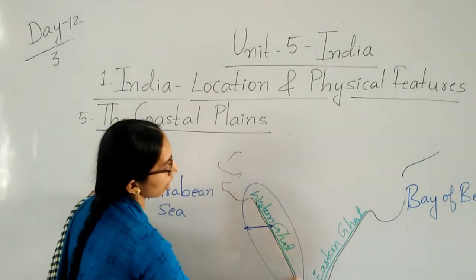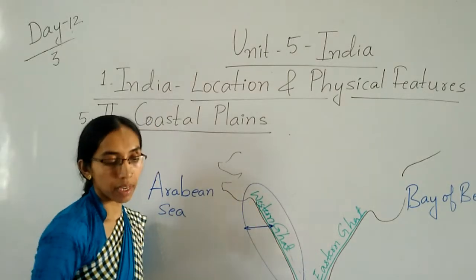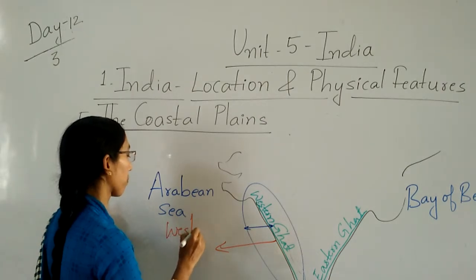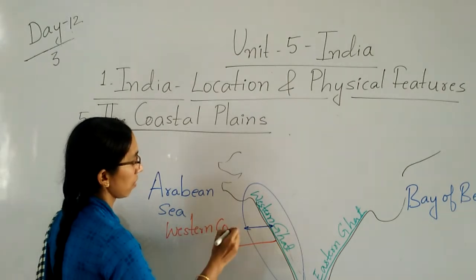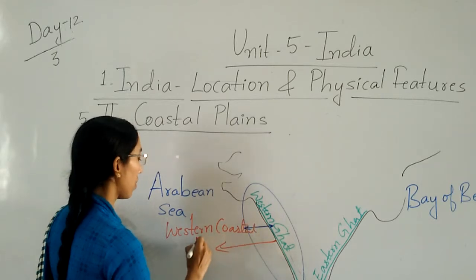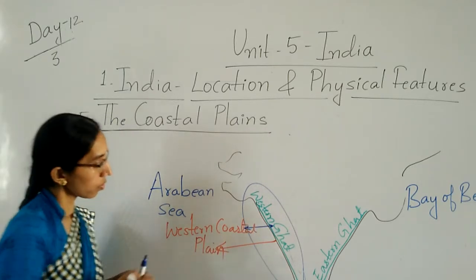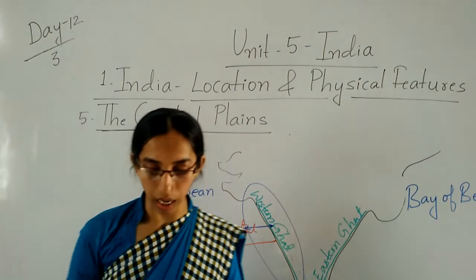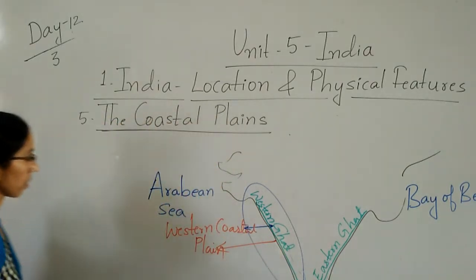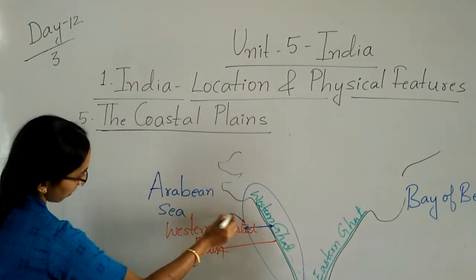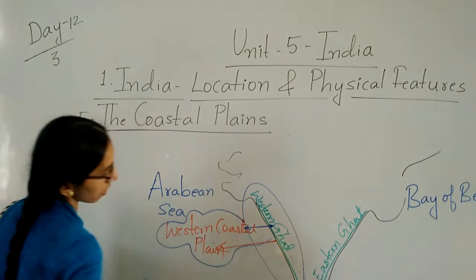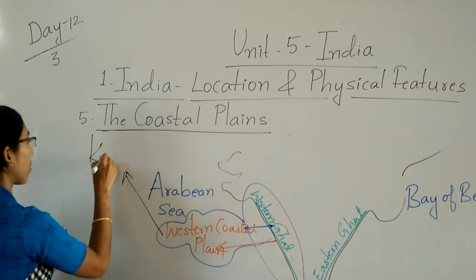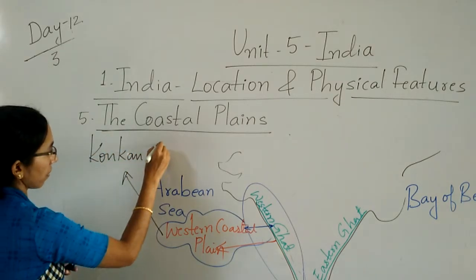So this part is called the what? Western Coastal Plain. This western coastal plain is also called the Konkan coast.